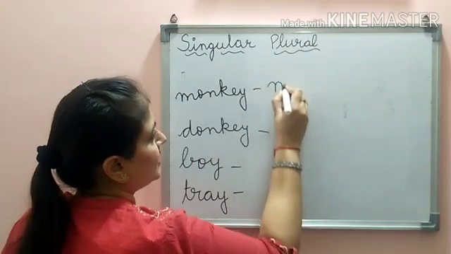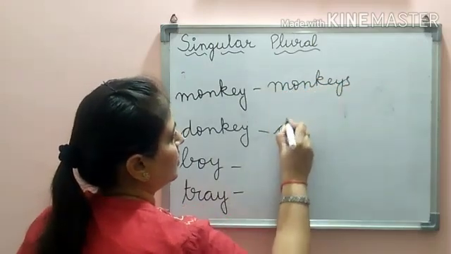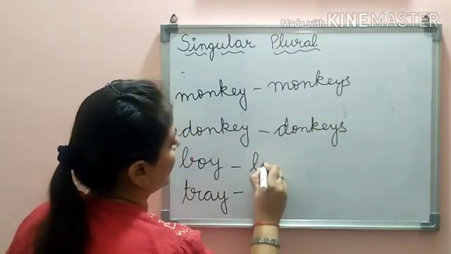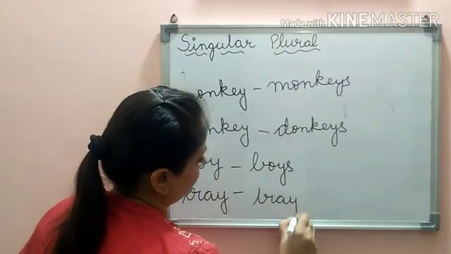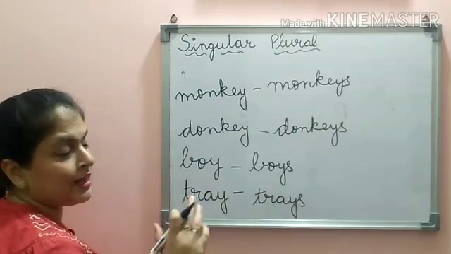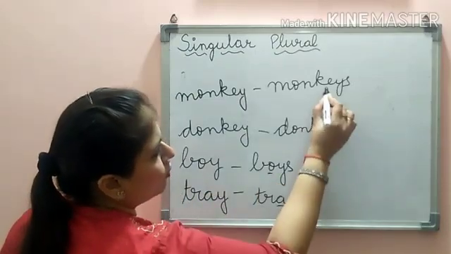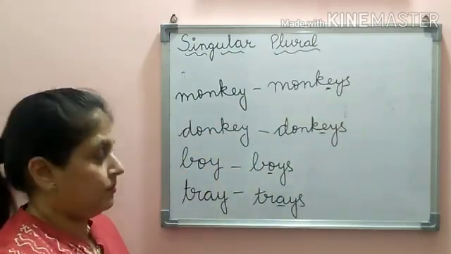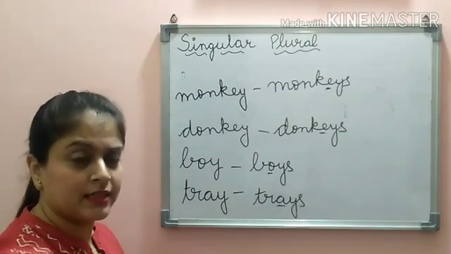So only monkeys, donkeys, boys, trays. Only s I am adding. I am not removing y, only s, because before y there is a vowel in all these words. You can watch my previous video on singular and plural. The link I am going to share in the description.